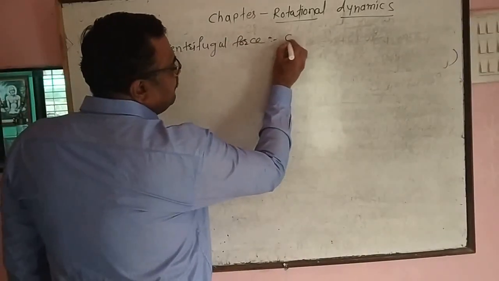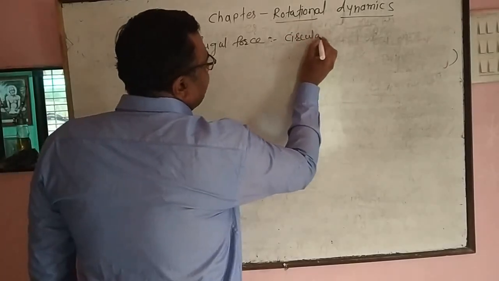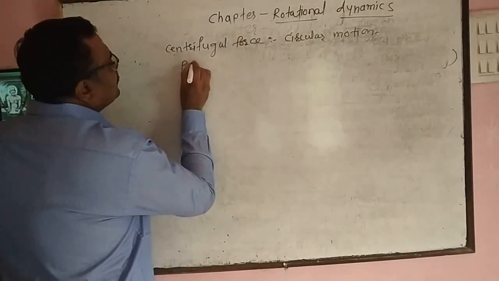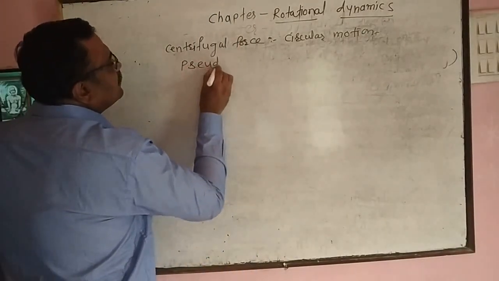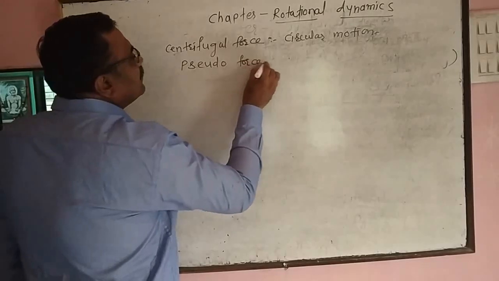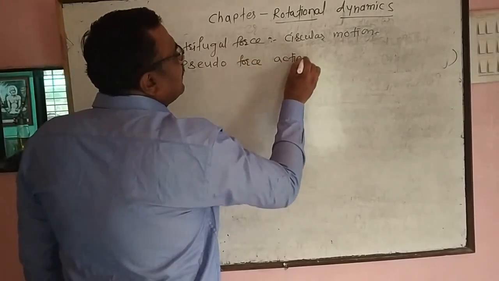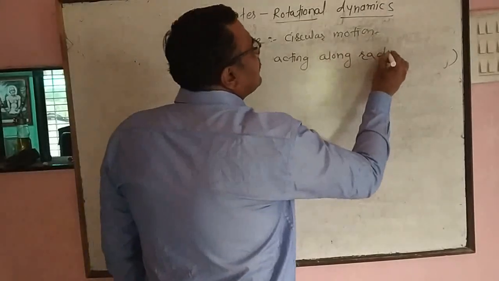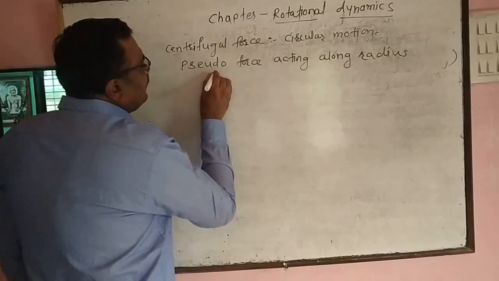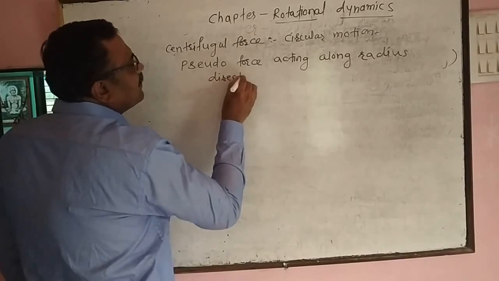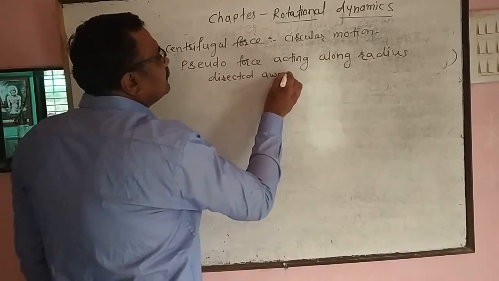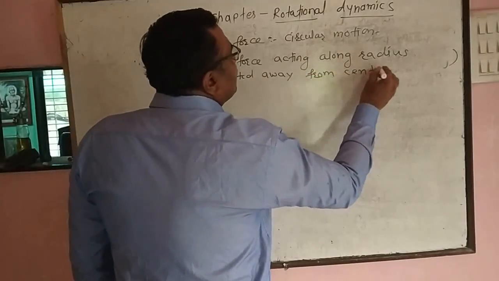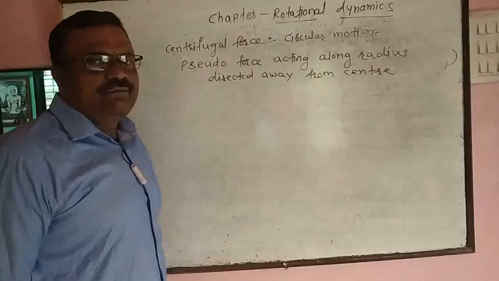When a particle is performing circular motion, the pseudo force which is acting on the particle along the radius and directed away from the center of the circle is known as centrifugal force.